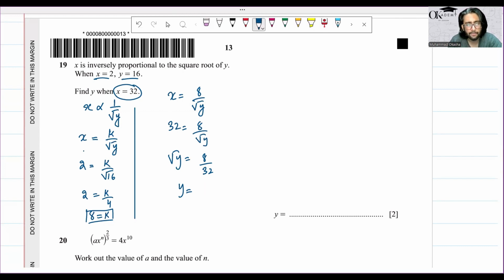Let's simplify 8 over 32 before. 8 ones are 8, 8 fours are 32. So the square root of y is equal to 1 over 4. Yeah, that's me being tired.